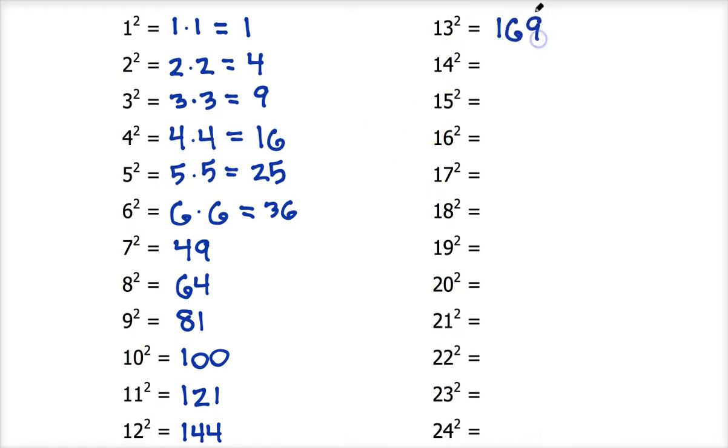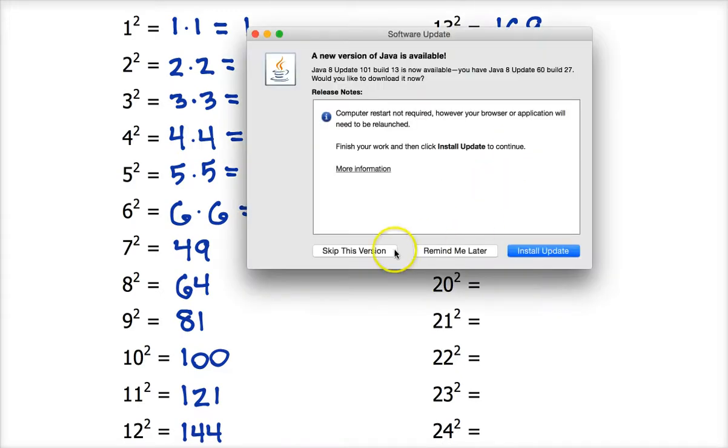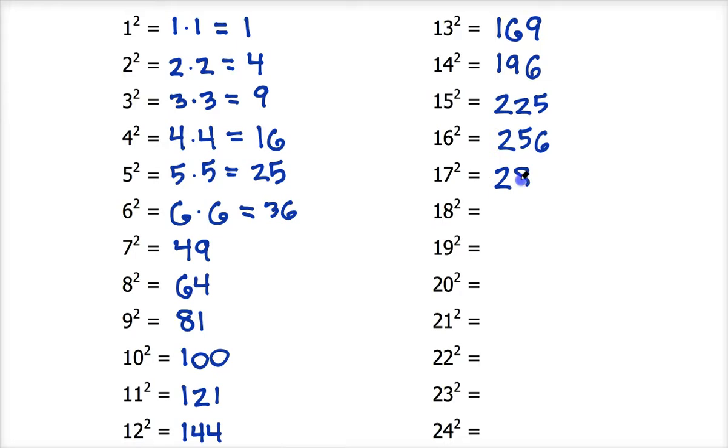13 squared is 169. 14 squared is 196. 15 squared is 225. 16 squared is 256. 17 squared is 289. 18 squared is 324. 19 squared is 361. 20 squared, think about what that would be for a moment. 20 squared gives you 400.